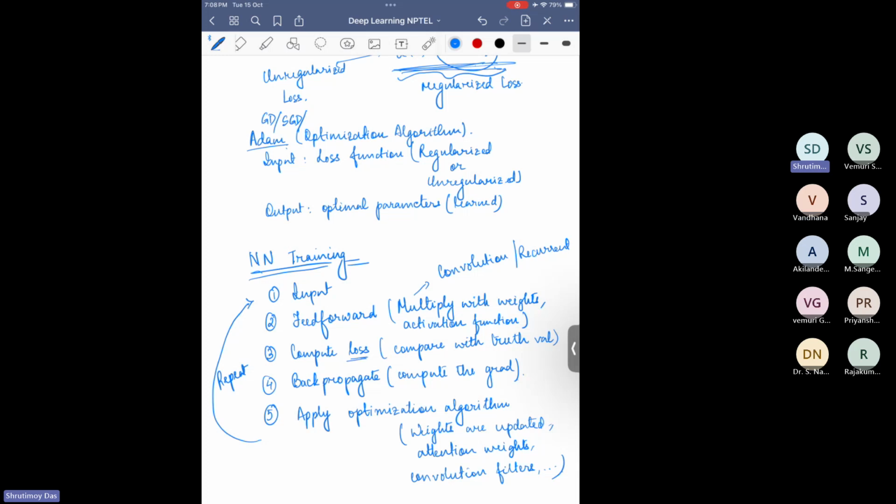There itself you can say that my loss function looks like this, where it may be regularized or non-regularized. You have to mention it beforehand, before you start the training. Maybe MSE, mean squared error, or cross entropy, or mean squared error with regularization. That has to be mentioned before you start training the algorithm.